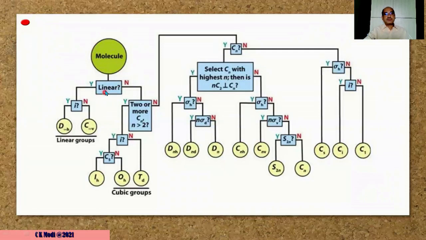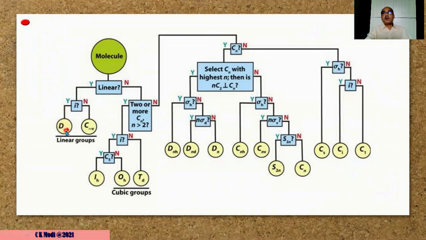Now look at this. How to define the point group? How do we find out the point group? For example, this is a molecule. If this molecule is linear and it has a center of symmetry, I is present, so what is the point group of that molecule?